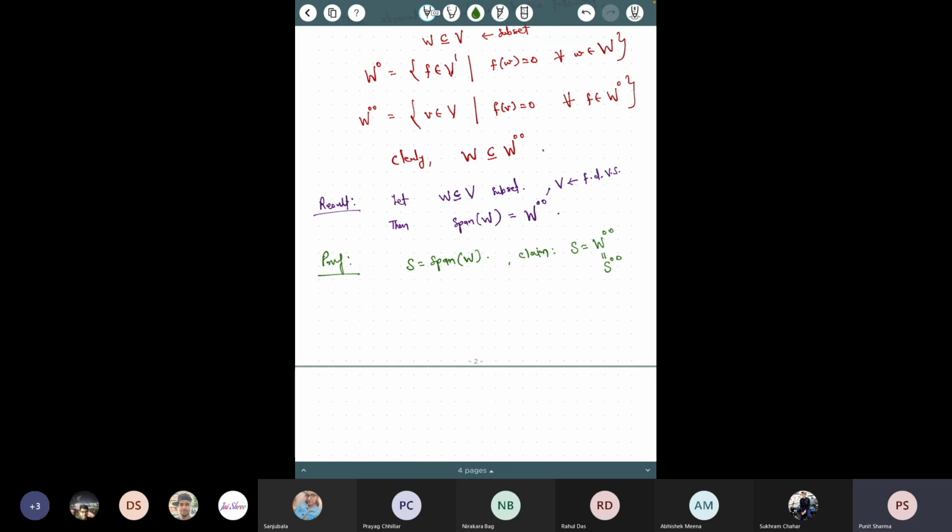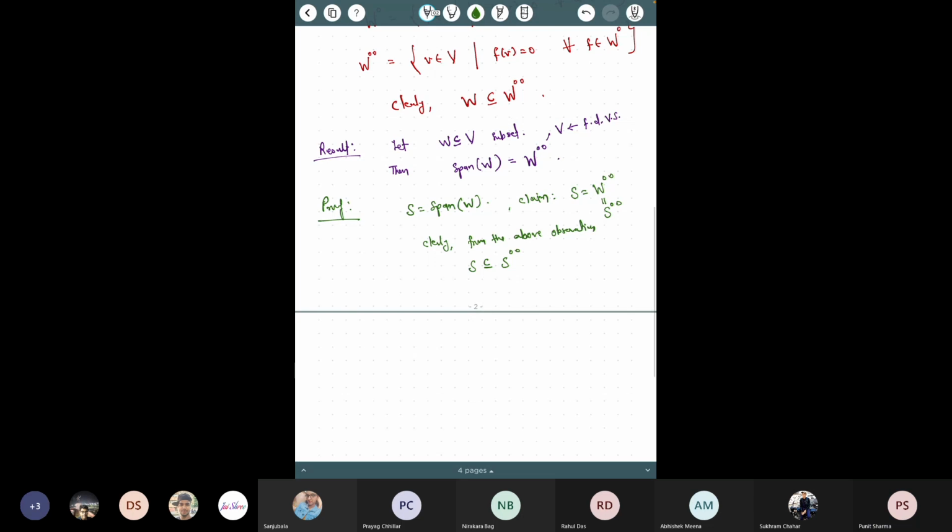So clearly from the observation, S is a subset of S double annihilator, because W double annihilator is the same as S double annihilator.